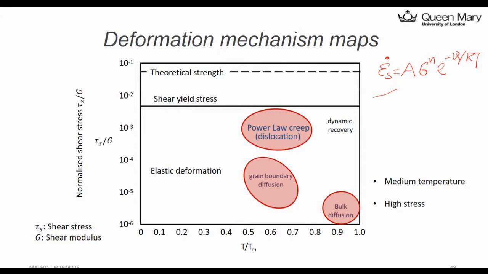That equation is basically for this power law creep, the dislocation controlled creep, because it depends on the stress you apply and also the temperature. Okay, so let's stop here. If you have questions now, you can ask me.